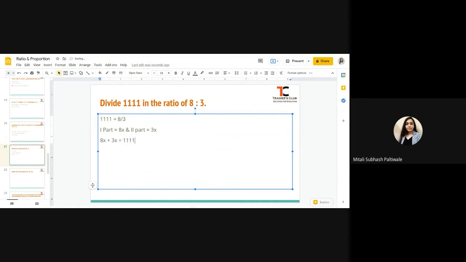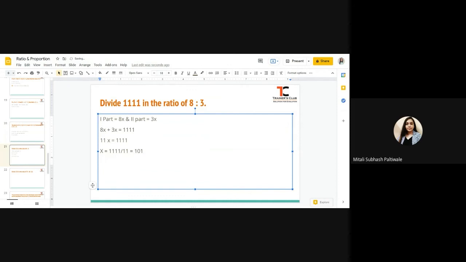Okay, so now look at this. How will we be doing this one? Okay, I'll just erase this and let's move a little more ahead. Now, 8x plus 3x is equal to 1111. So this will become 11x is equal to 1111. Now, x is equal to 1111 divided by 11, which will give me answer as 101.